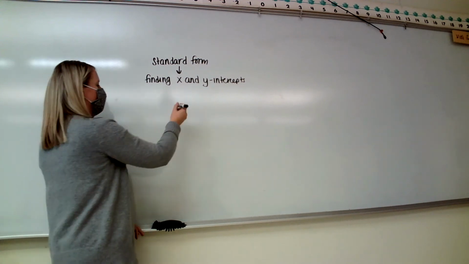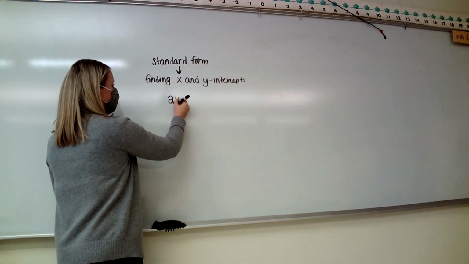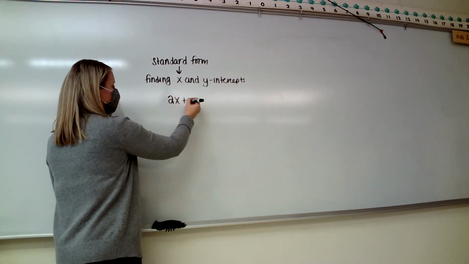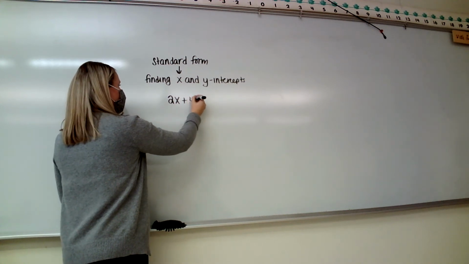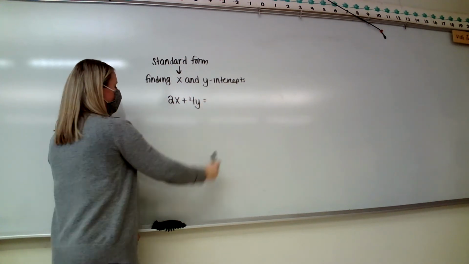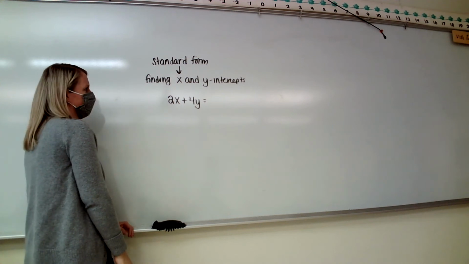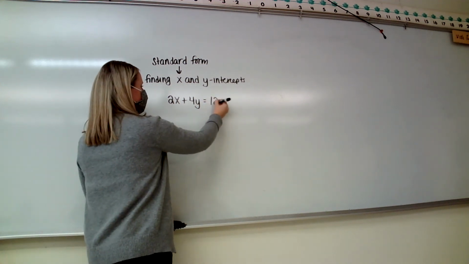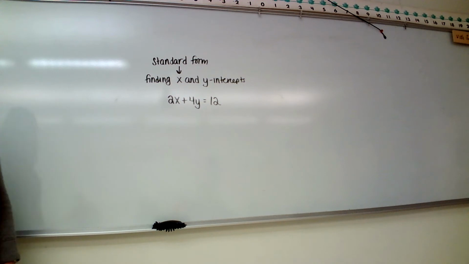So let's say I had the equation 2x plus 4y equals 12. So we have a nice little equation in standard form, feeling pretty good, except I don't really know anything. I'm just looking at an equation in standard form.